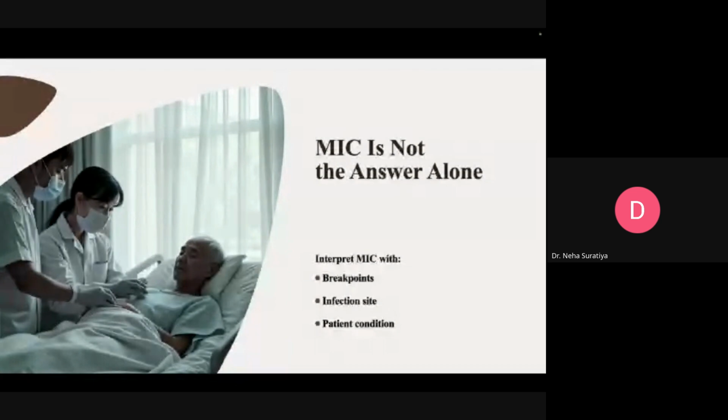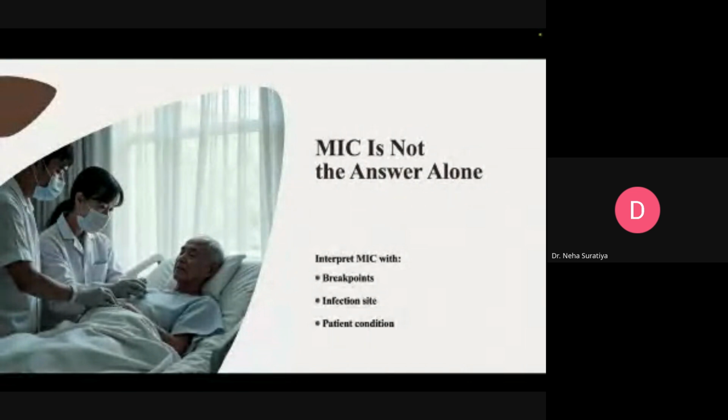To understand this, I will give you one example. We have one very popular combination, piperacillin tazobactam, if you have an idea. For this combination, the minimum inhibitory concentration is 8 mg per liter. So is it good or bad? You cannot answer this without knowing the organism, the breakpoint, the site of infection, and the patient's clinical status.